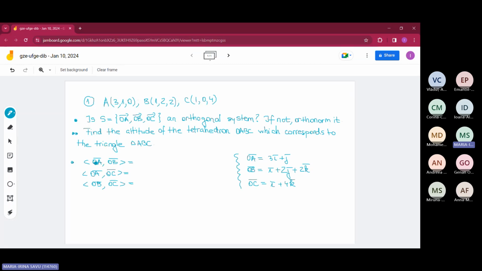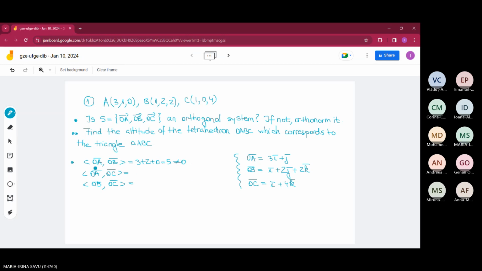The dot product between OA and OB is 3 plus 2 plus 0, yes, which is not 0.